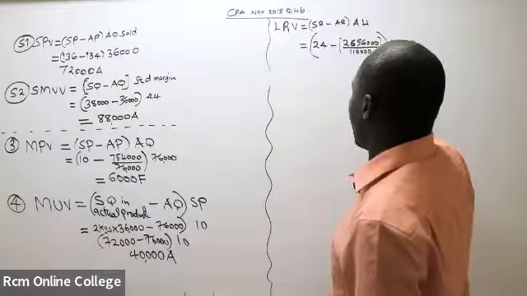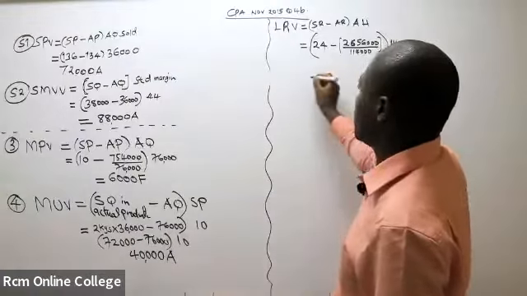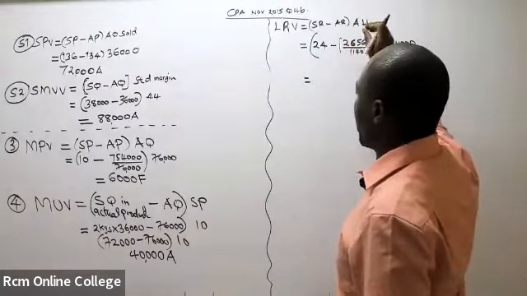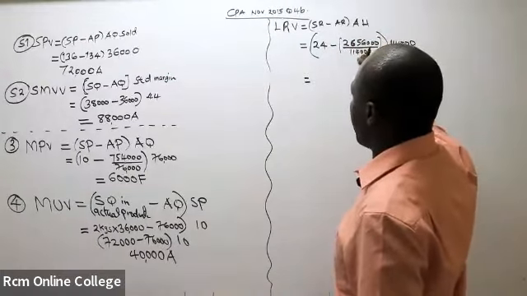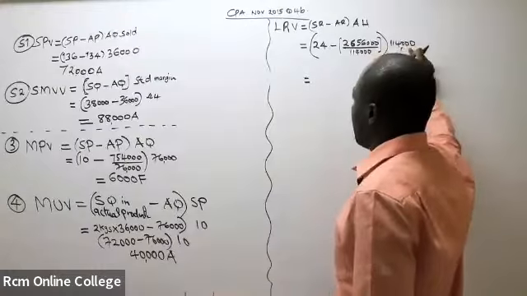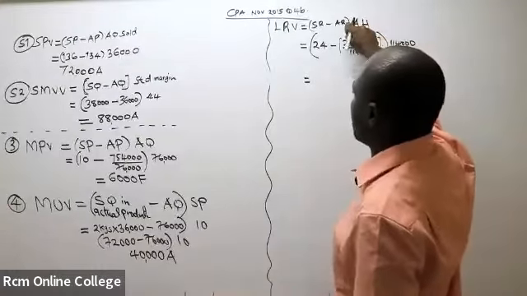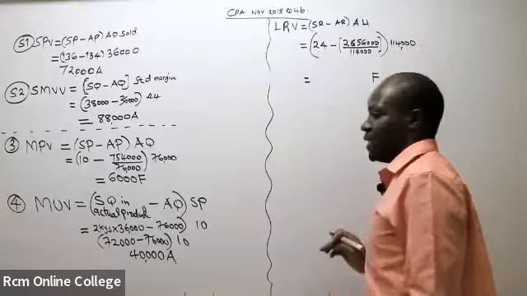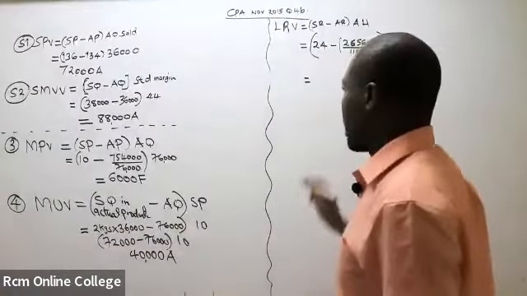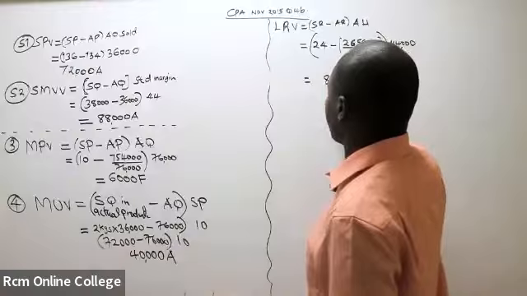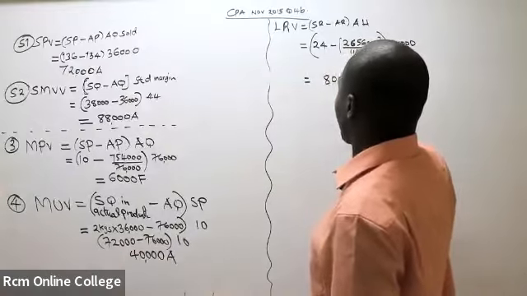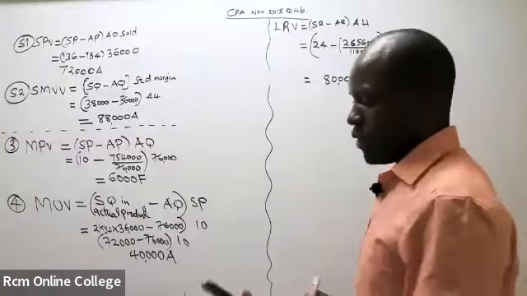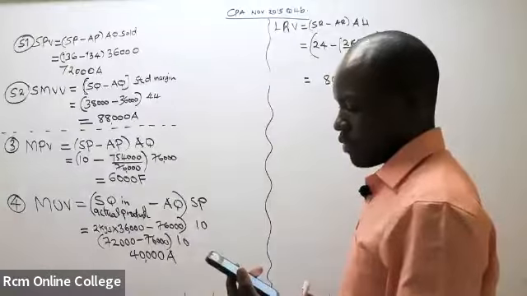So 24 minus this, divided by this one here, multiplied by the same thing. So just take this times this one minus 2656. What do we get? 80,000 favorable. Good. Then we move to the next one.